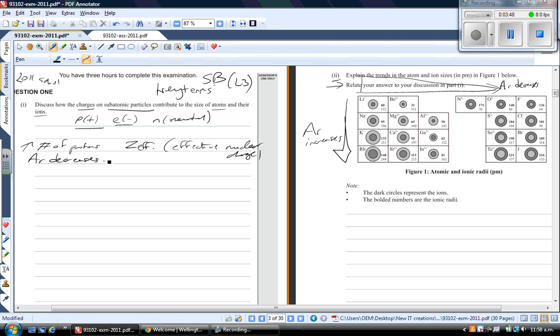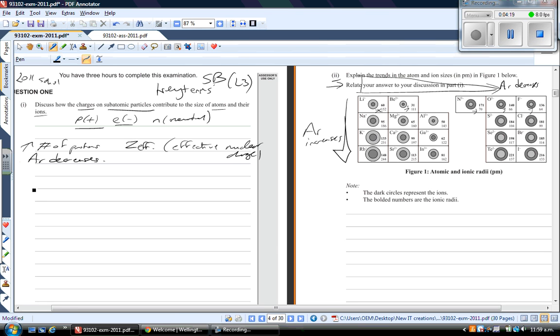And you have some numbers there. The dark circles represent ions, and the grey ones represent atoms. So 152 picometers would be the atomic radius for a lithium atom, and then it decreases to 111, then 70, 66, and 64. So that's a trend in atomic radius decreasing as you go across the periodic table, and that's because the number of protons is increasing.